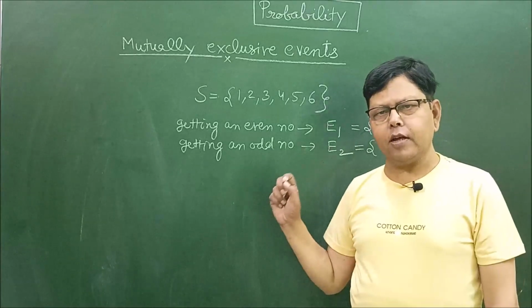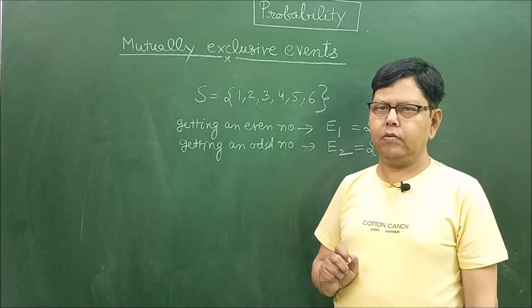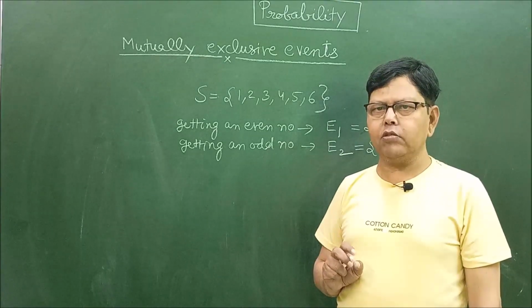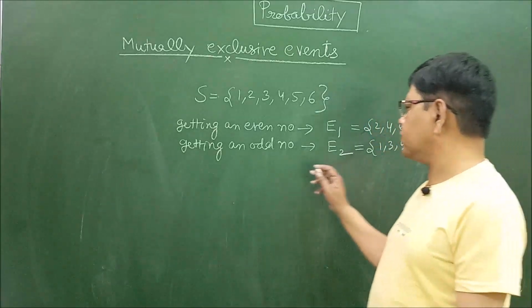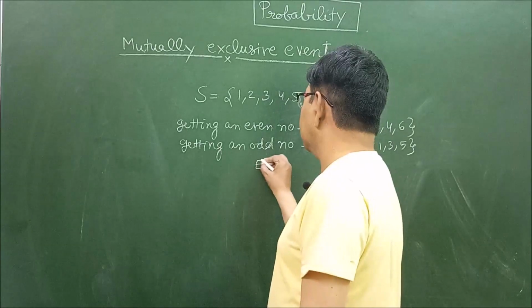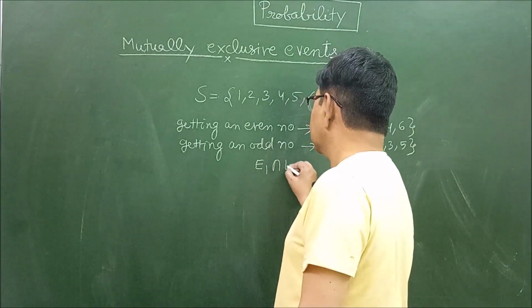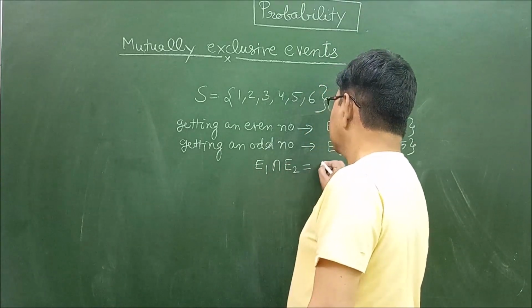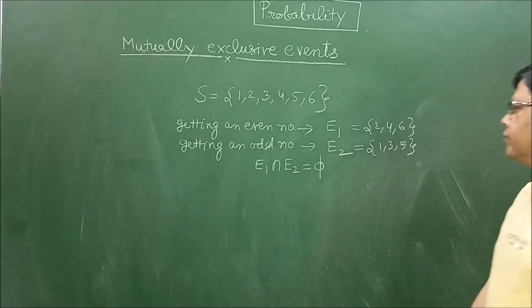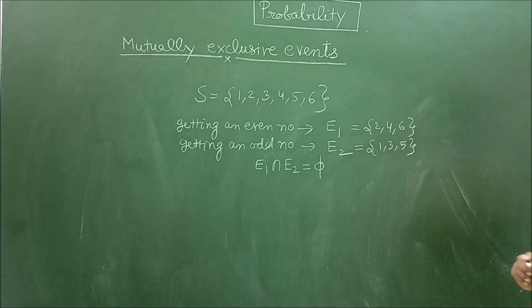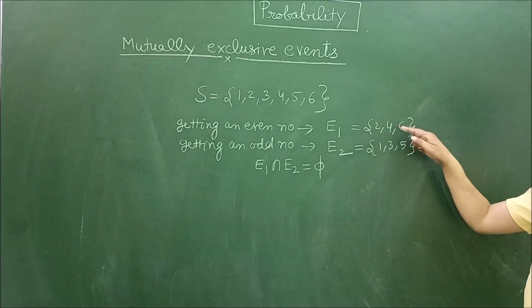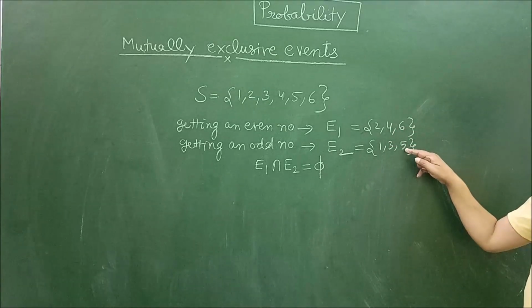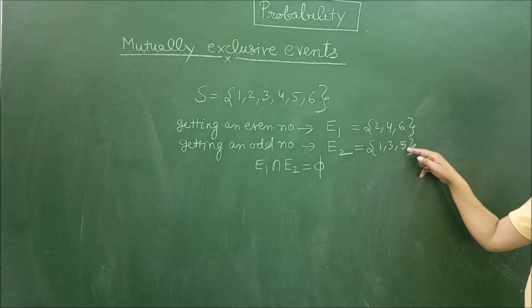Now these two events are mutually exclusive. Mutually exclusive means no element is common in the two events. E1 intersection E2 is empty here. No element is common. And if one of the events happens, then the other cannot happen.